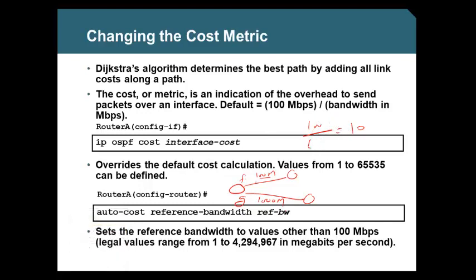If you divide this, it will come as a fraction number. But there is no fraction number in the metric, so it will be rounded to 1. So what will be the metric here? The cost here is 1. This also 1, this also 1.